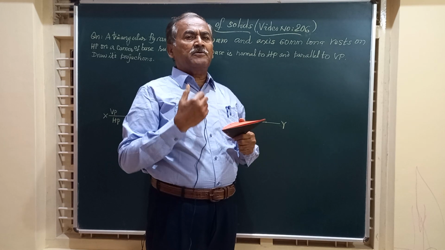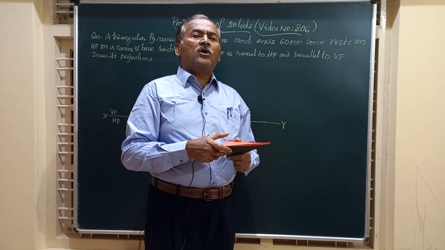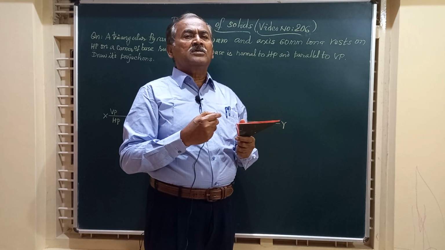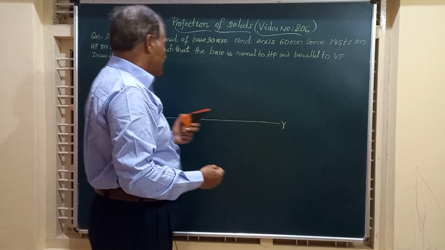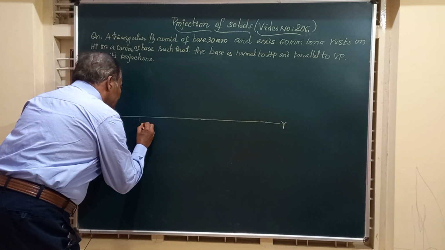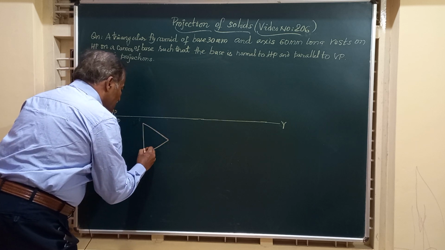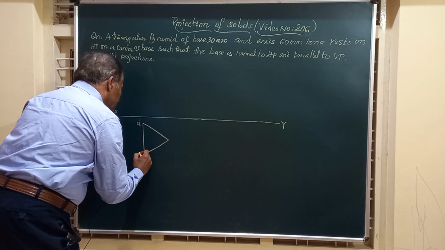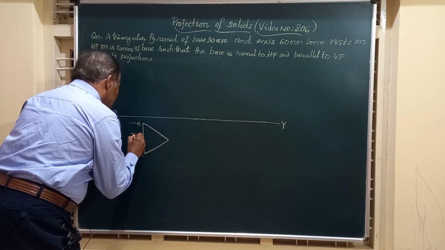In today's video, we have the triangular pyramid, and we will draw the top and front views of the pyramid to the given dimension such that one of the corners is to the right side of the observer. So we have the XY line, and here I am going to draw the top view of the pyramid. The top view is a triangle with the center joined to all the corners, and each side is 30 millimeters.